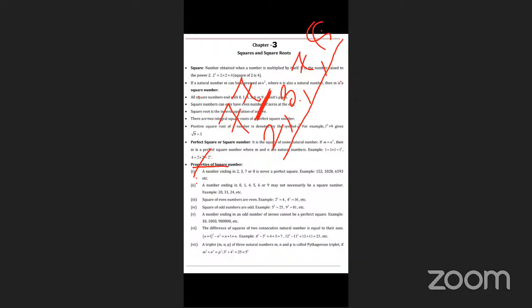Similarly, suppose we are having the number 38. There is no such number which, if I multiply two times, I will get 38. That's why it is not a perfect square number, because the last digit was 8. That's why the first rule is that if you are having any number which is ending with either 2 or 3 or 7 or 8, at that time this particular number couldn't be a perfect square number.